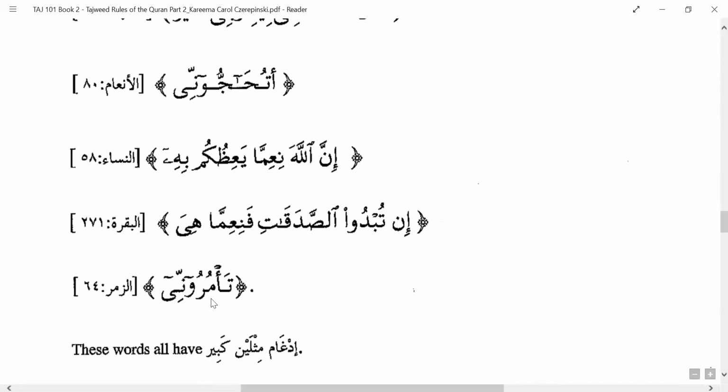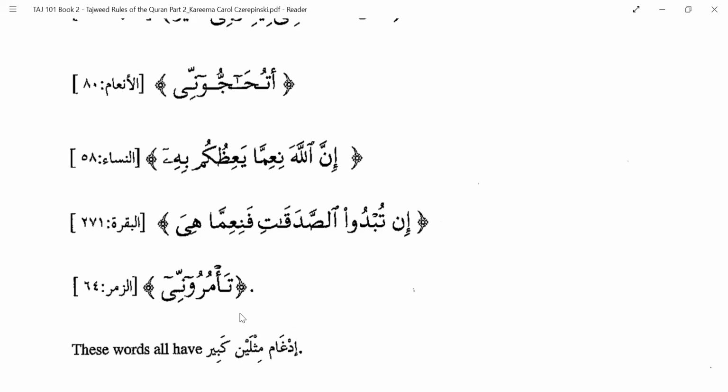Ta'muruni. Surah Az-Zumar, ayah number 64. Now all these words have idgham mithlain kabir. You have two letters meeting together, but here the first is sukoon and the next is haraka because of the shadda. You see the shadda? These are having idgham.